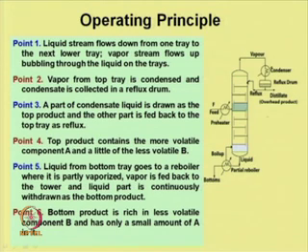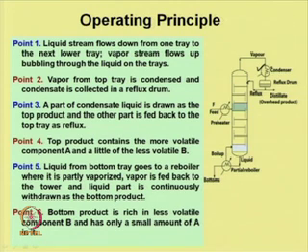Vapor from the top tray is condensed in the condenser, and then it is collected in a drum known as the reflux drum. A part of the condensate is taken and fed at the top of the tower, which is known as the reflux.